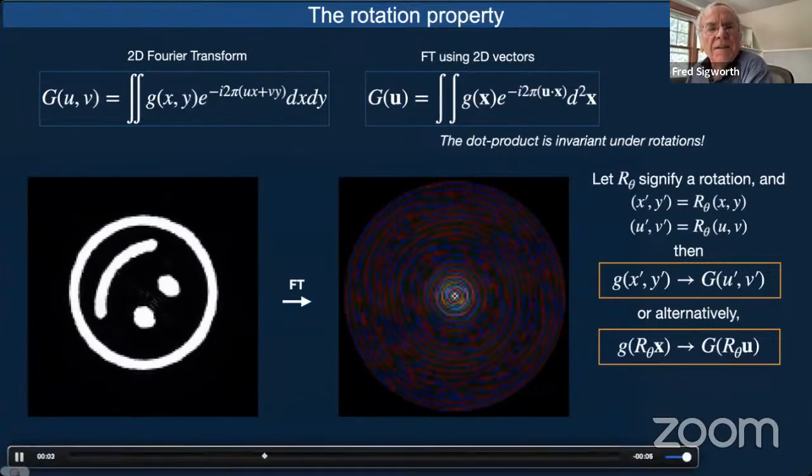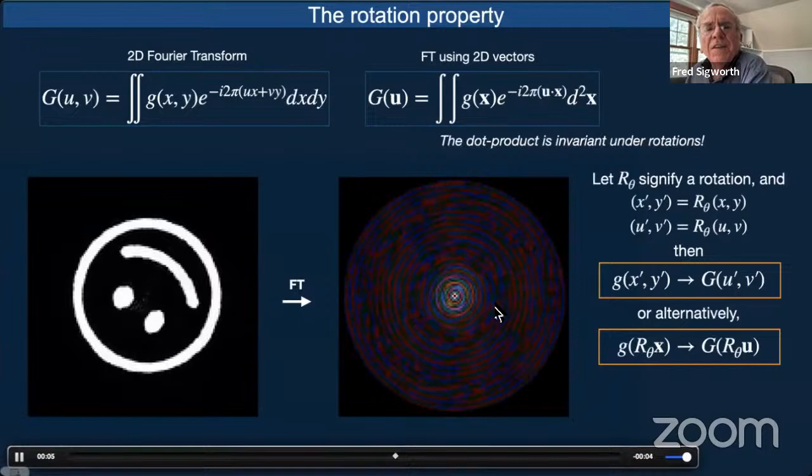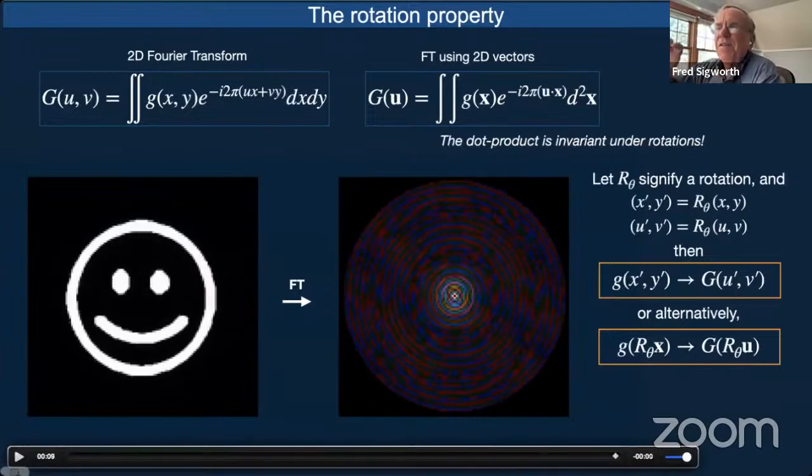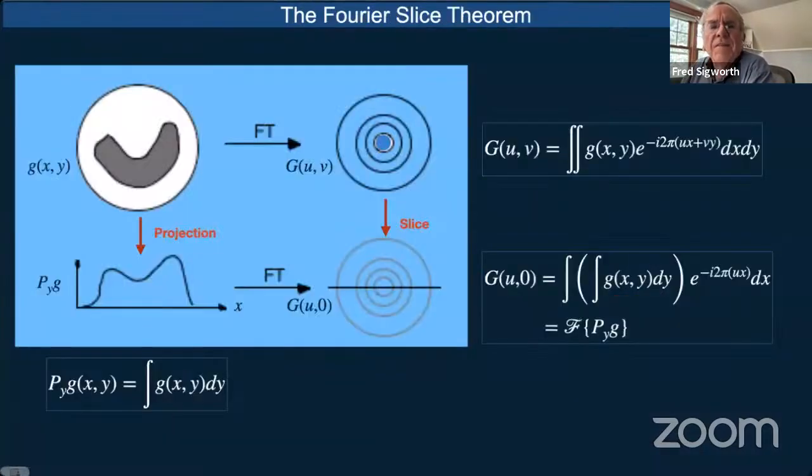So if you rotate the smiley face, you rotate its Fourier transform. So rotation of real space turns to rotation in Fourier space. And then finally, there's the projection theorem.